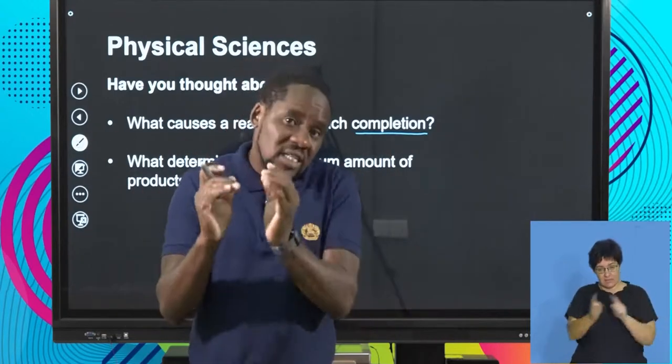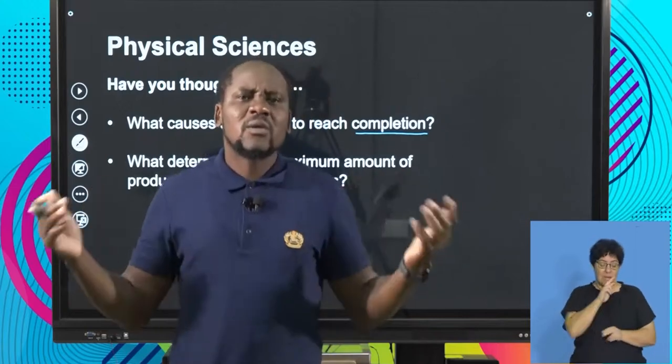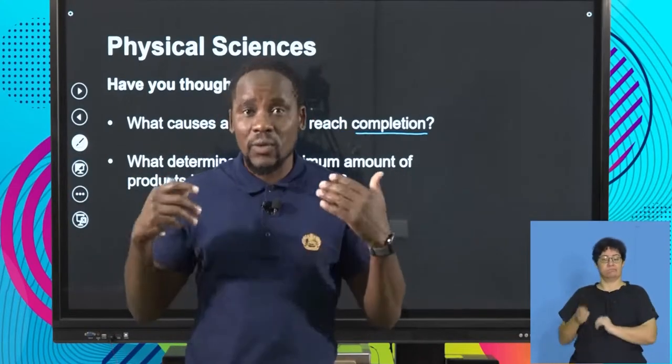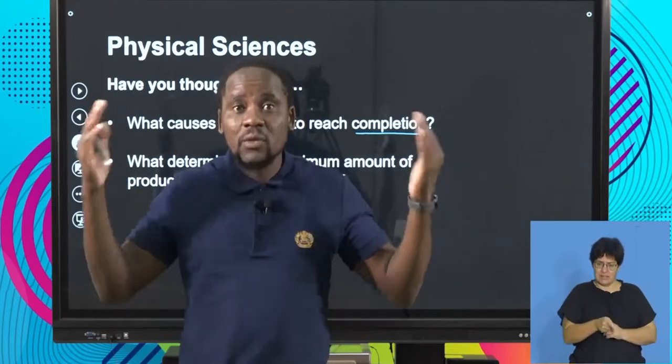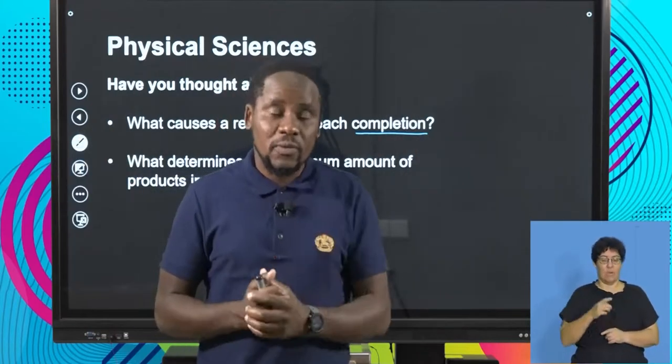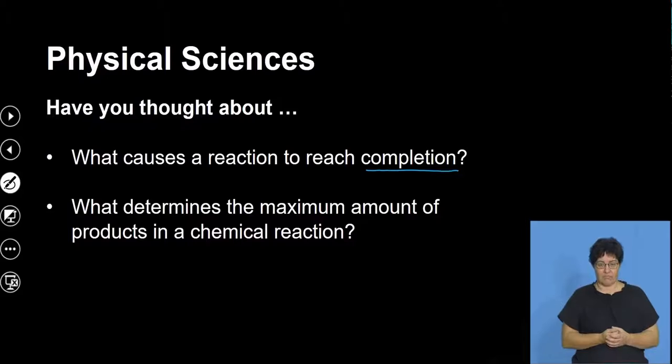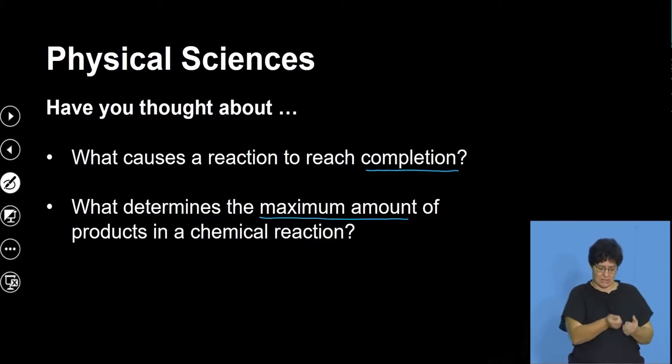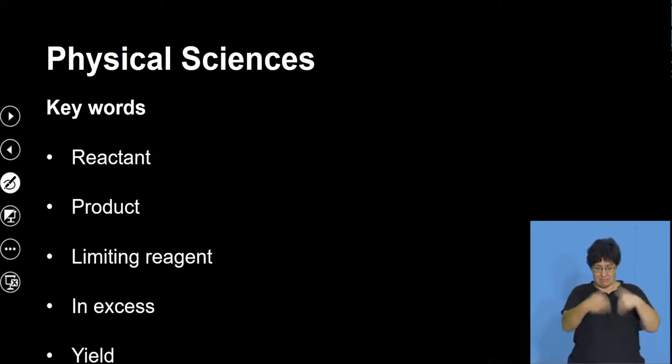So when the reaction reaches completion, what is it that actually causes a reaction to reach that stage? That's the big question that we want to put from the onset. The second one says, what determines the maximum amount of products in a chemical reaction? Right, so those are the two questions.